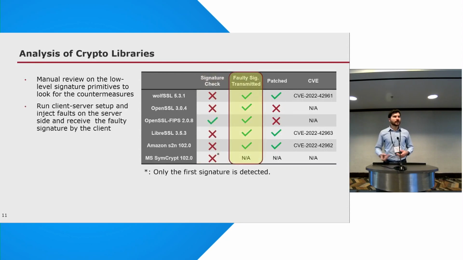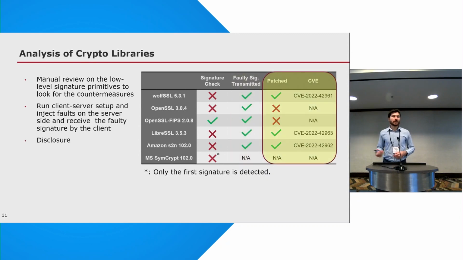Then in a client-server setup, we injected faults into the server side and tried to collect the faulty signatures from the client side. We observed that in all TLS implementations, the faulty signatures were actually transmitted to the client side, which enables our attack. Microsoft SymCrypt didn't have a TLS implementation, so it was not applicable to them.